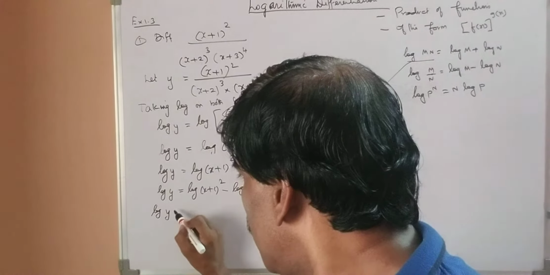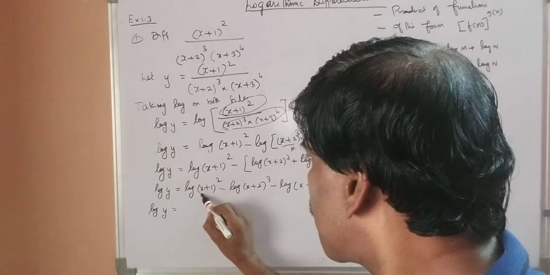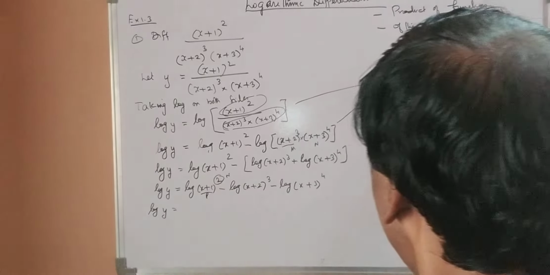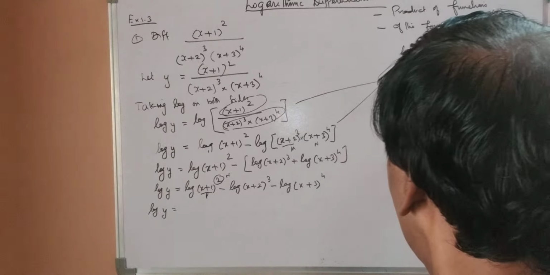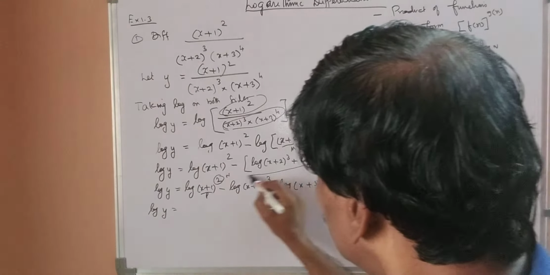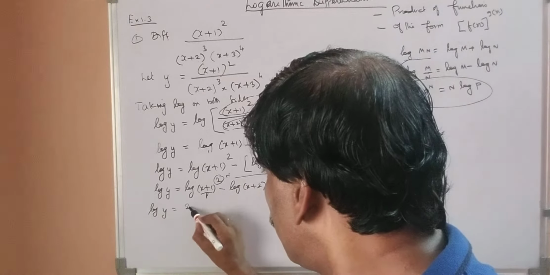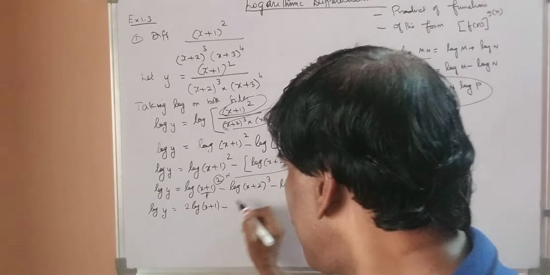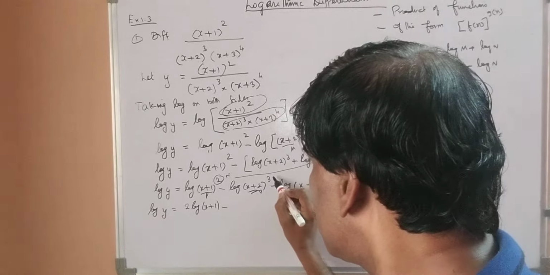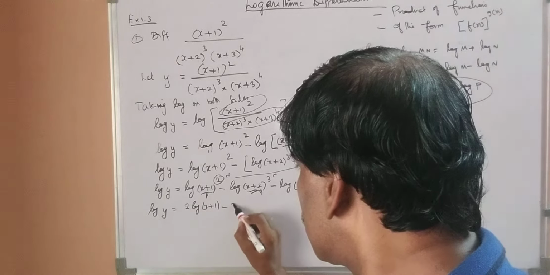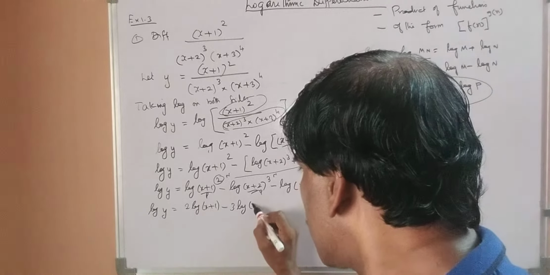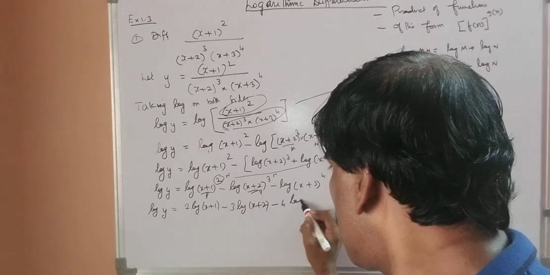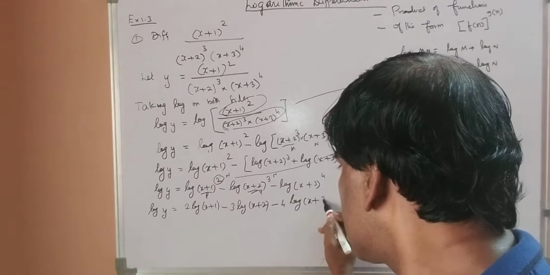Log y equals, see the log p raised to n formula, p and n. So we will be using 2 log (x plus 1) minus, here also it is p, it is n, 3 log (x plus 2) minus 4 log (x plus 3).